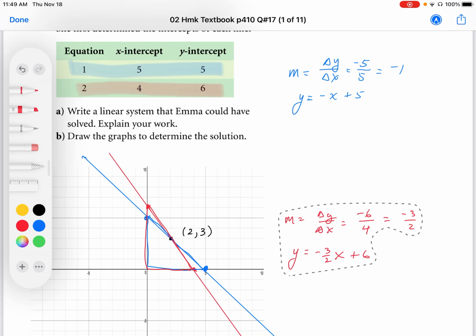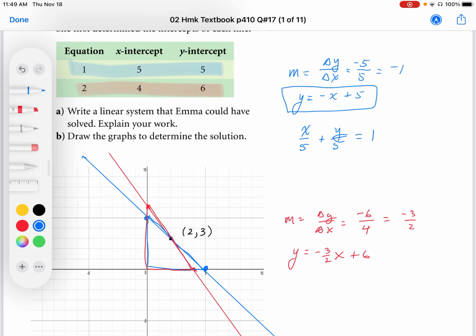Now, since it's given us intercepts, we could also alternatively come up with an equation by using the intercepts. And it would look like this. I end up with x divided by 5 plus y divided by the intercept of 5, and that's equal to 1. And that's our intercept form. So this equation is our slope-intercept form, and this is our intercept form as well.